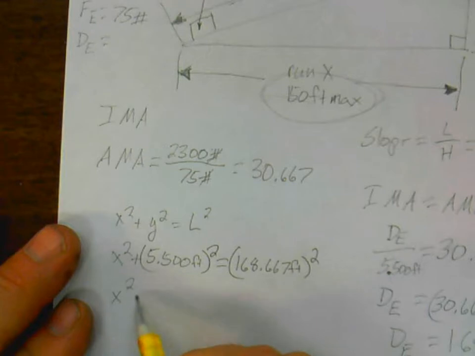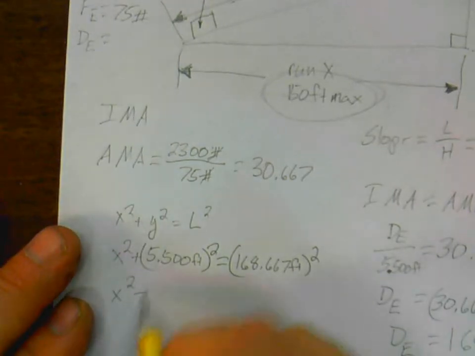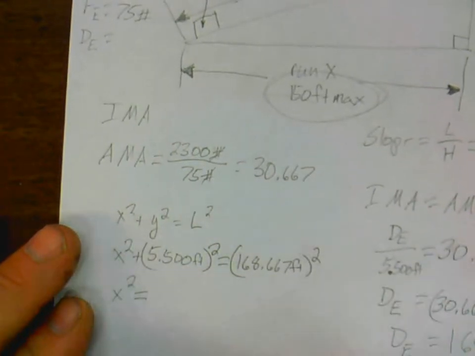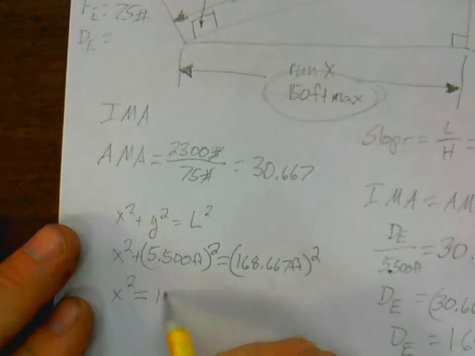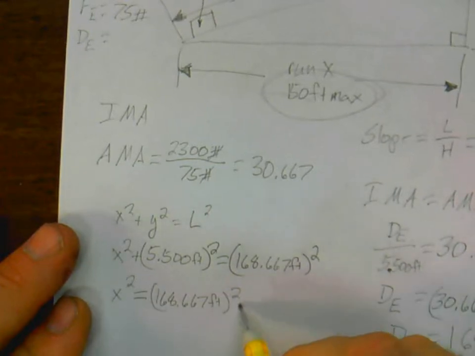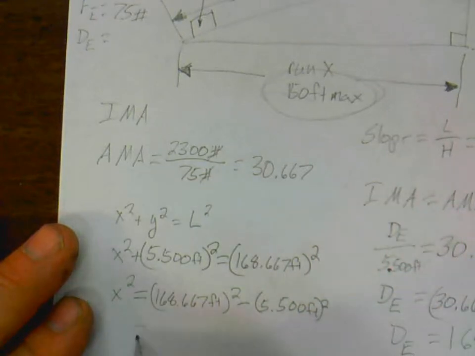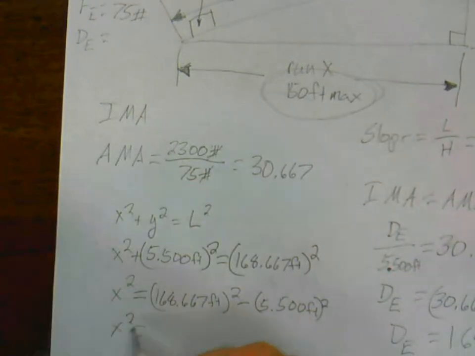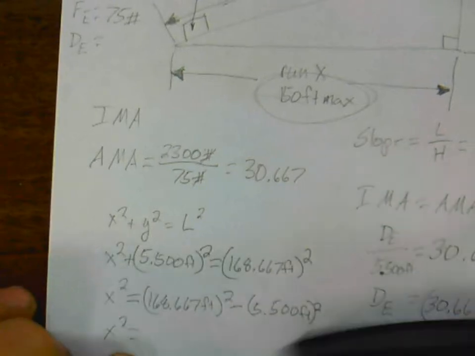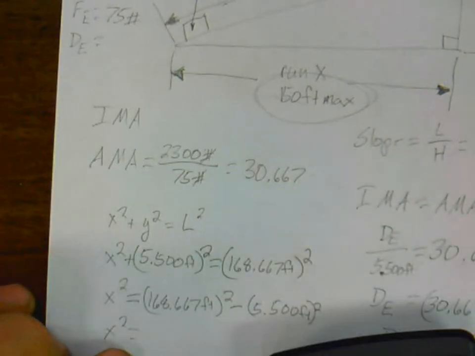Let's do this out. x squared equals 168.667 squared, which is 28,448.444, minus 5.5 squared, which is 30.25.